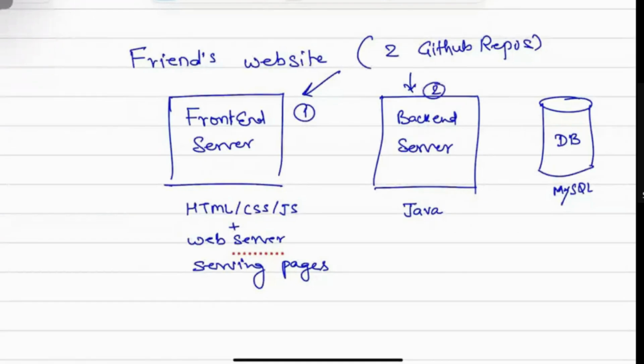So you got to know from your friend that their project is in GitHub, two separate repositories, one for front end, one for back end. Front end and back end talk to each other using some technology like REST or gRPC, and they are also using MySQL database. So backend connects to the database, and front end talks to backend here.